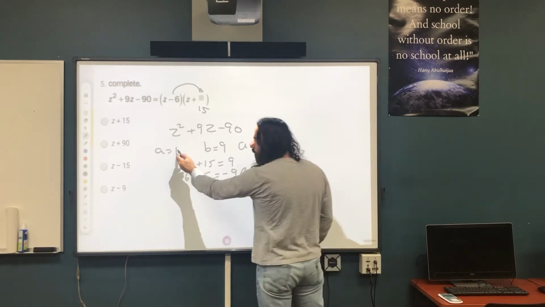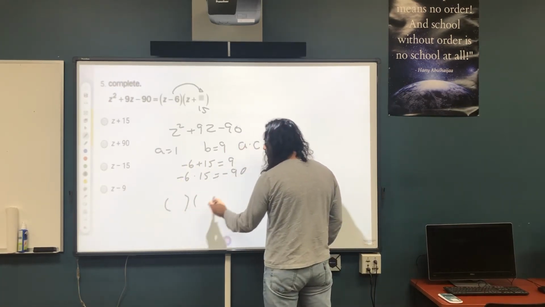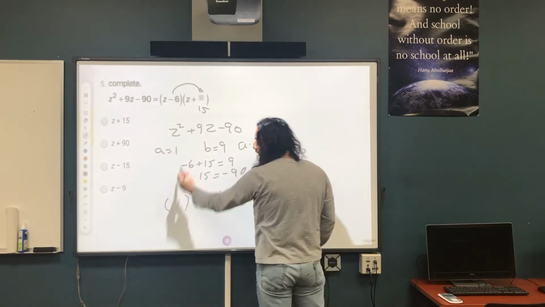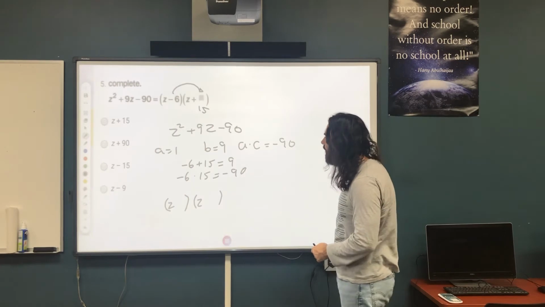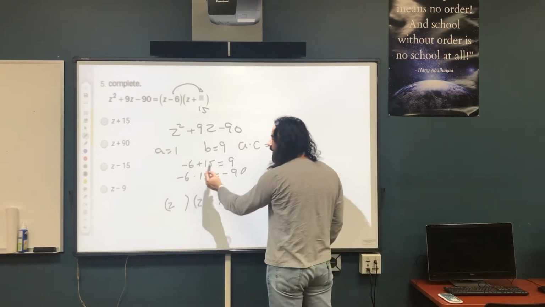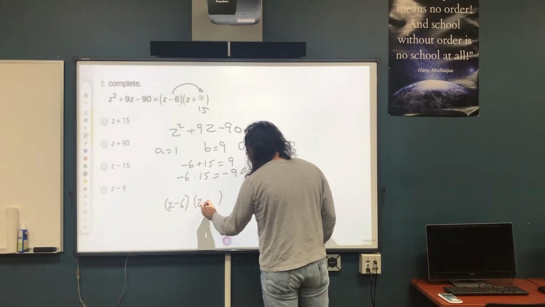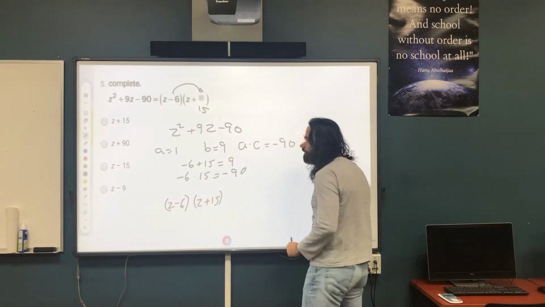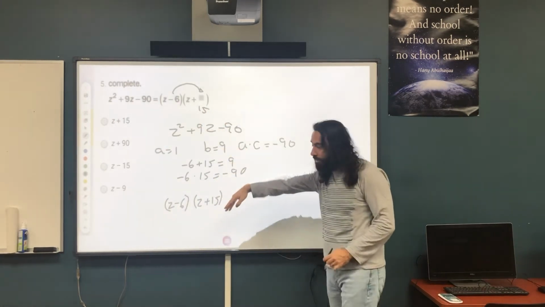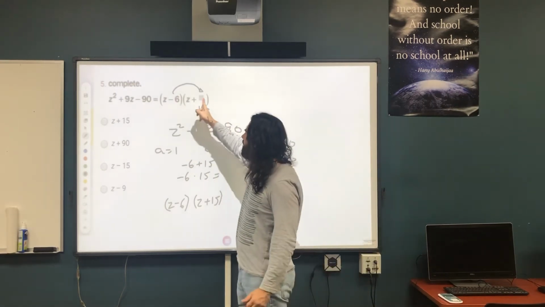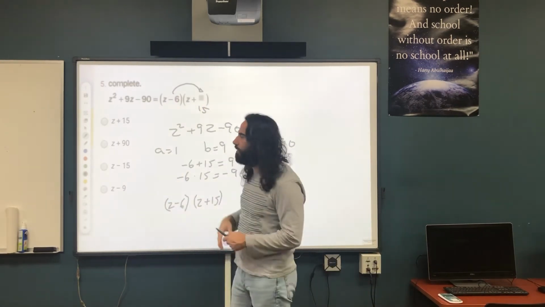Because a is equal to 1, you can do the parentheses immediately. The beginning is z, because z and z is z squared. And the numbers that you found are negative 6 and plus 15. So it's going to be z minus 6 times z plus 15. As you can see, 15 will work. But you didn't have to do all of this. You could have just said 6 times how much gives you the 90, and it's the 15.